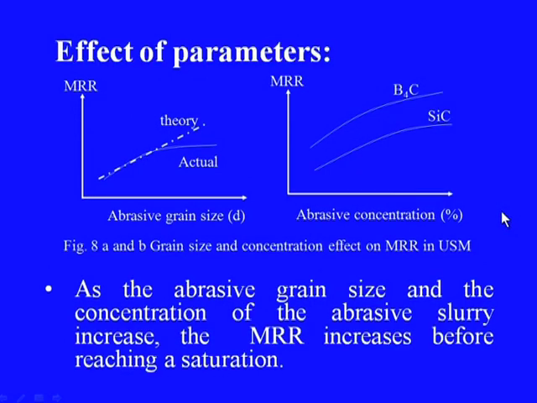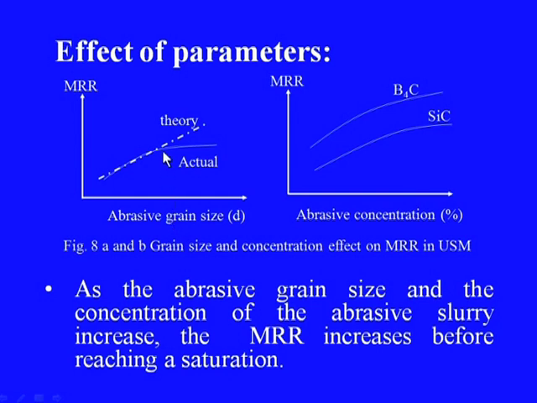These figures show the characteristic of material removal rate with respect to grain size and abrasive concentration in the slurry media. For the grain size we have seen a very peculiar situation: up to a particular optimum grain size, the material removal rate increases with grain size.